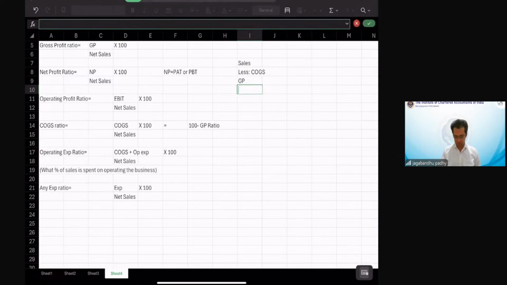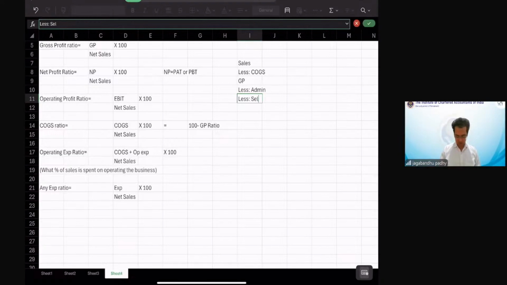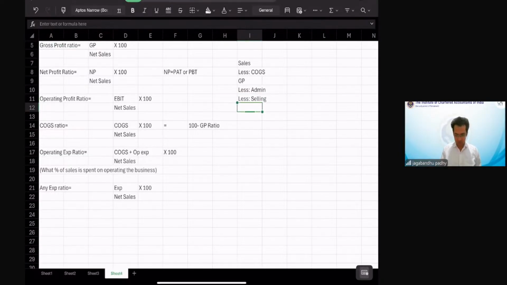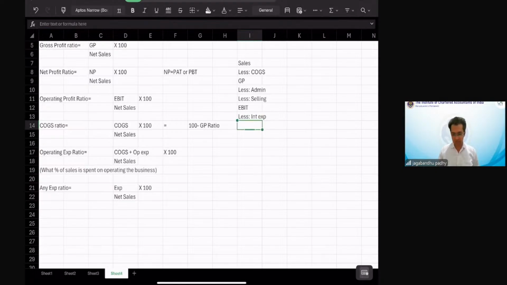Then you subtract all your other expenses like your admin expense, your selling expense. That gives you earnings before interest and tax. From that, you're going to subtract the interest expenditure. It will give you PBT less tax, which will give you profit after tax.